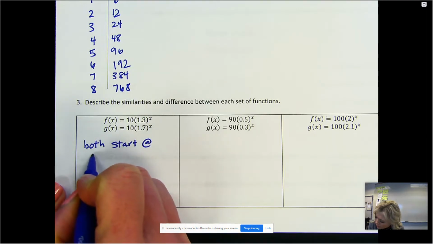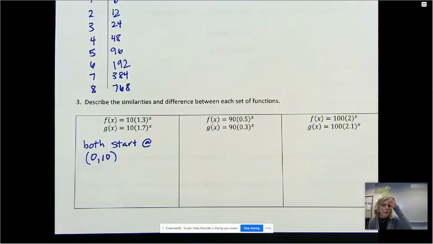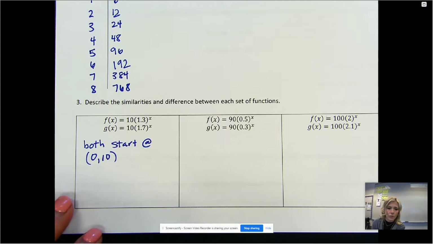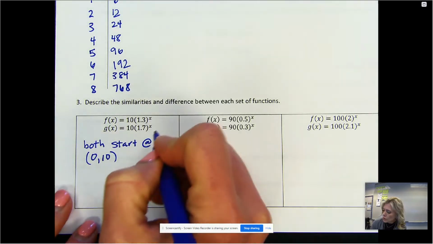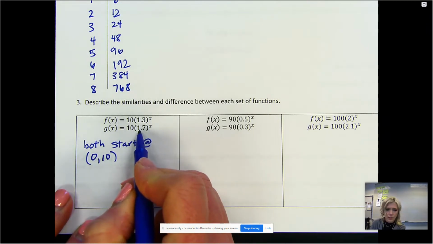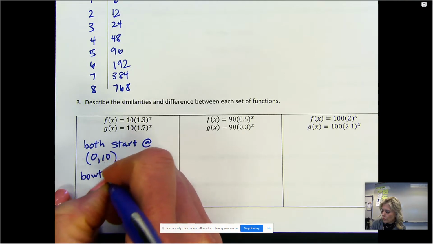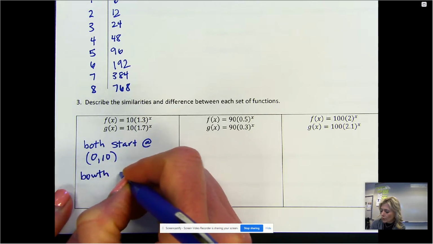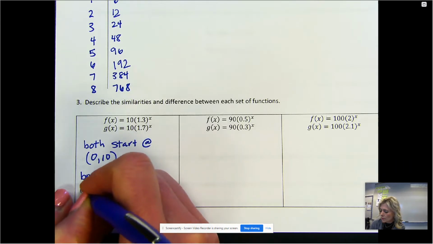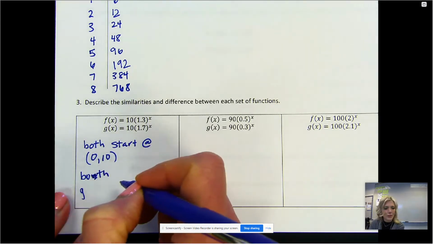So that's when x is 0, y is 10 for both of these, right? However, the growth factor is different, and these are both growing. So the growth factor here is 1.3, and the growth factor here is 1.7. So I'm going to say they're both exponential growth, but I don't know why I put a W there. I think I was thinking of growth.